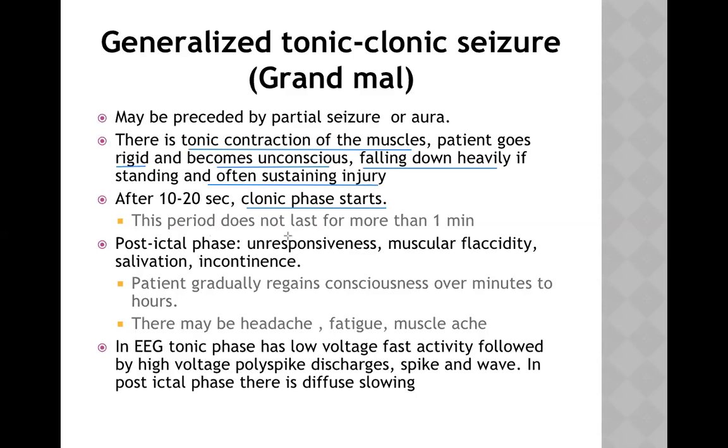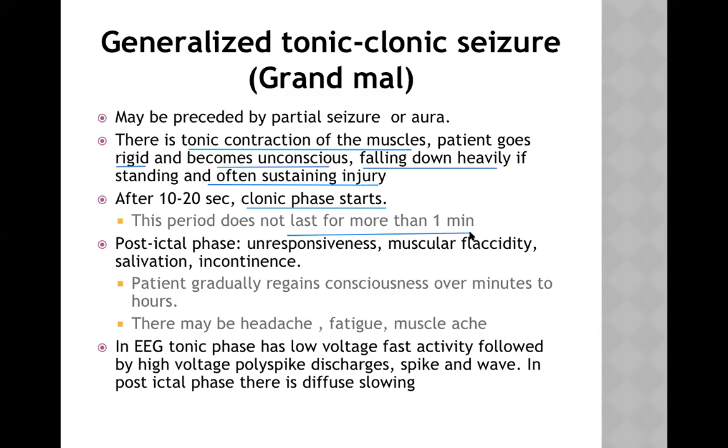This period doesn't last for more than 1 minute, but if it lasts for more than 5 minutes, practically you call it status epilepticus. But the theoretical definition of status epilepticus is something different.